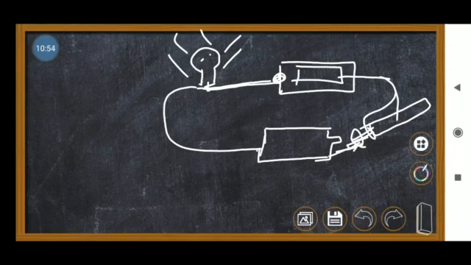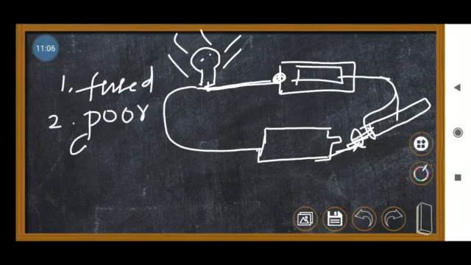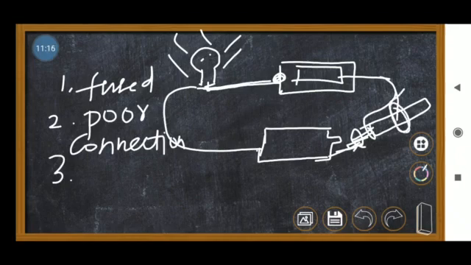What are the possible reasons why the bulb is not glowing? The first chance is that the bulb has fused. Next is poor connection between the wires. Next, maybe one wire is connected to a plastic material, then it will not glow, so it depends on the material.